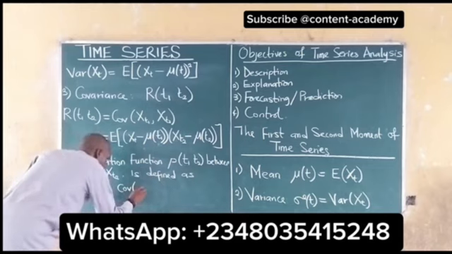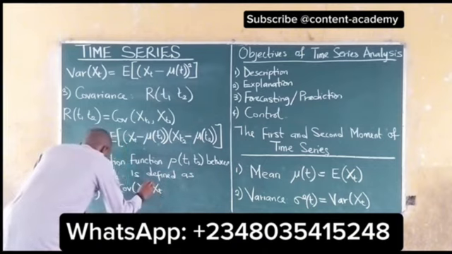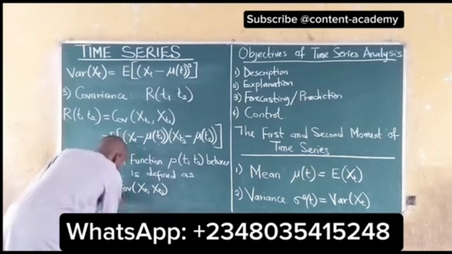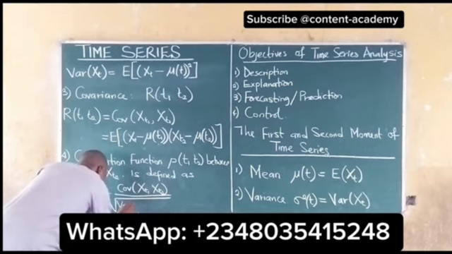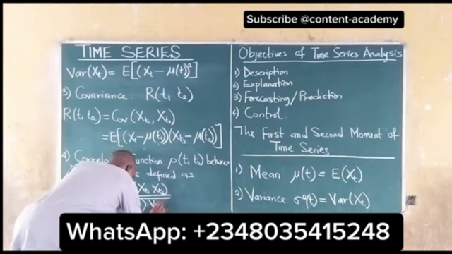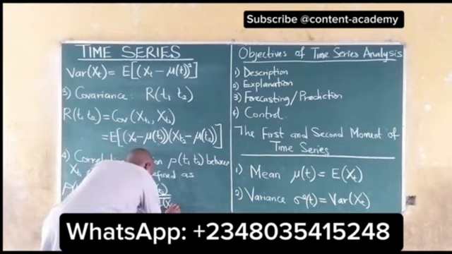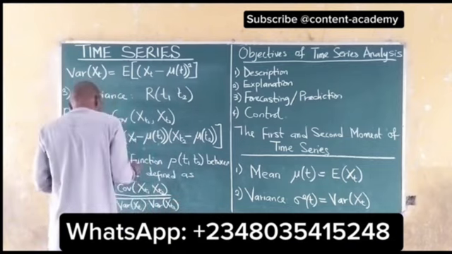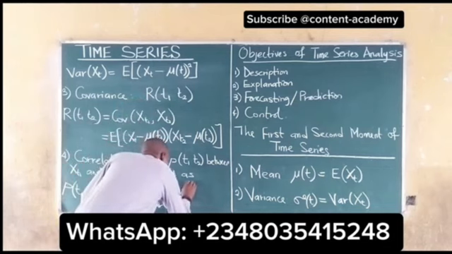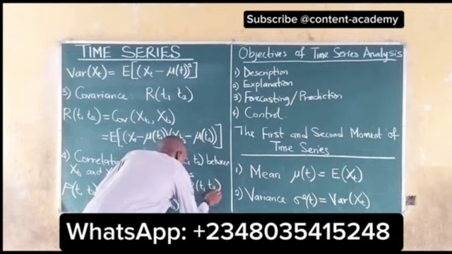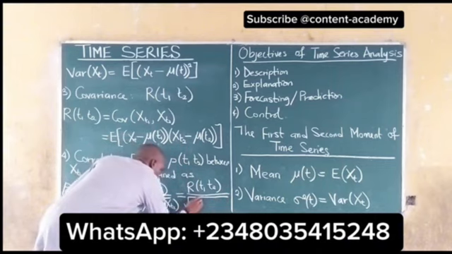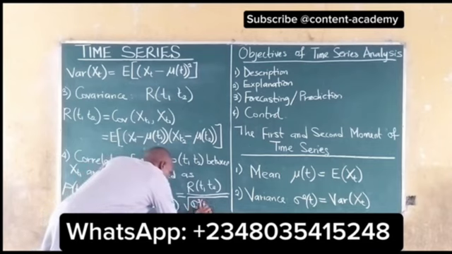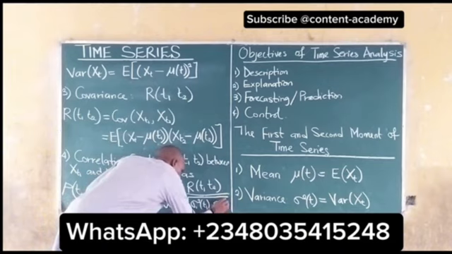I'll write it out properly on this other side. The covariance of xt1, xt2 divided by the square root of the variance of xt1 multiplied by the variance of xt2, which can also be written as R of t1, t2 all over the square root of sigma squared 1 of t1 multiplied by sigma squared 2 of t2.